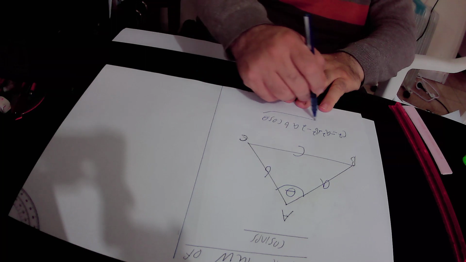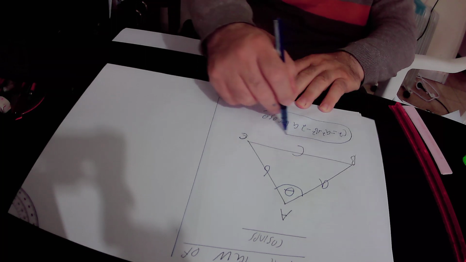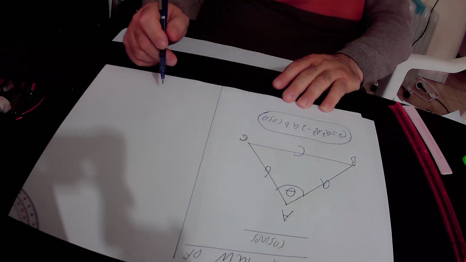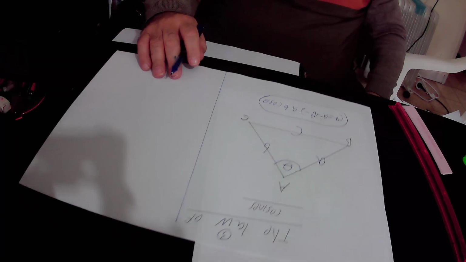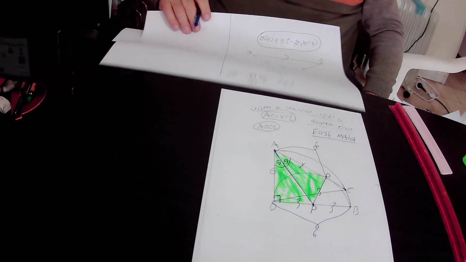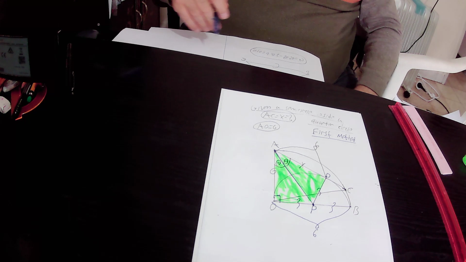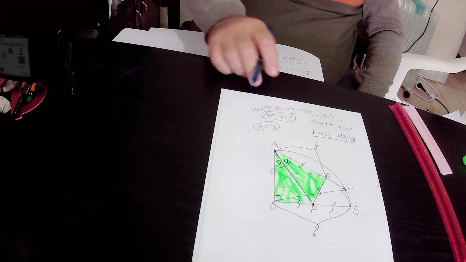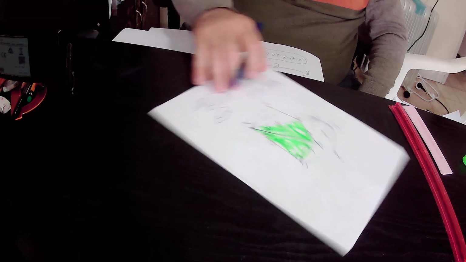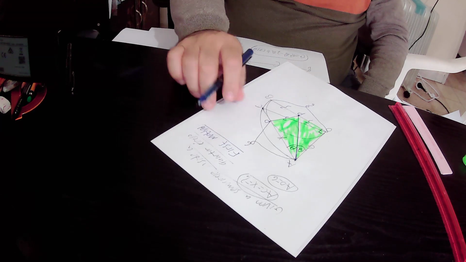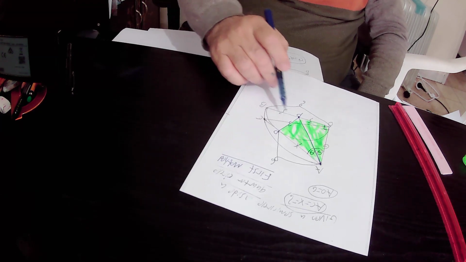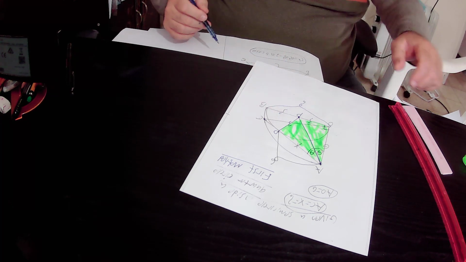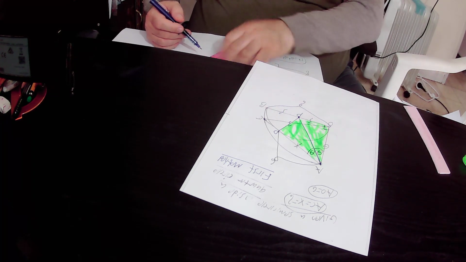Okay, so we will implement the law of cosines in our triangle AOC. I will copy triangle AOC to this page.